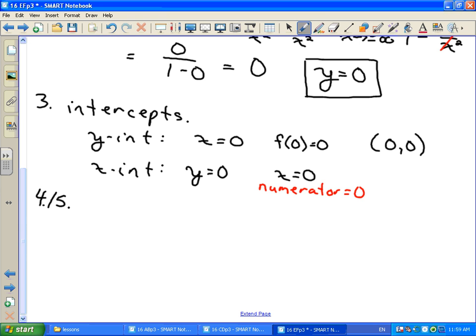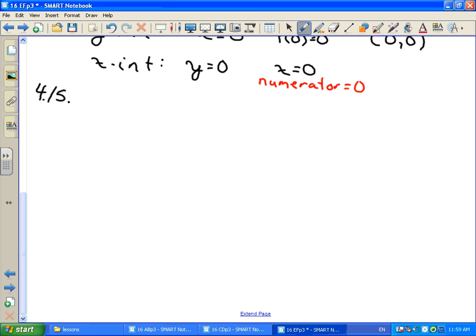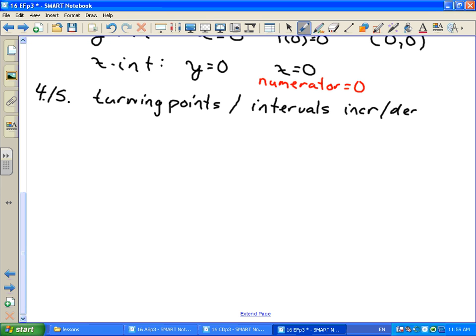So now we're on to 4 and 5. We're looking for turning points, slash our intervals of increase and decrease. It's a lot of slashes in one line, but you get what I mean.